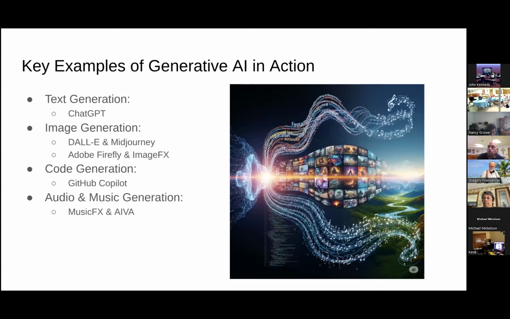So what are some key examples of generative AI in action? I think I covered a lot of these examples on the last slide, some of the use cases, but I'm going to run through my notes on this slide pretty quickly. Examples of text generation are ChatGPT, which we saw last time, and Google Gemini, which I'll most likely be demonstrating at the end of this talk.